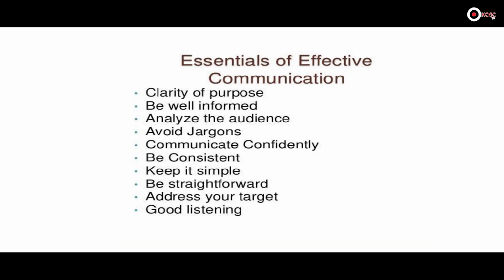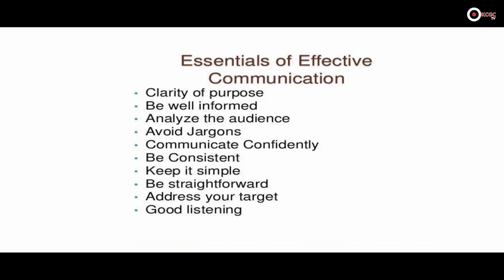Now we'll jump on to the next point. Communicate confidently. When you talk to somebody, you need to maintain good eye contact. You are not supposed to blink much. So you have to communicate with your body as well. Then the next one, be consistent. Do not take too many pauses in your speech. Keep it very simple. Do not include extra details.